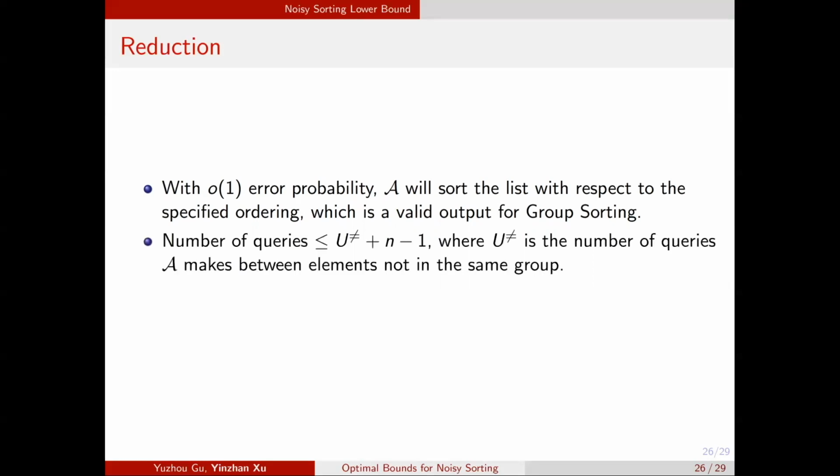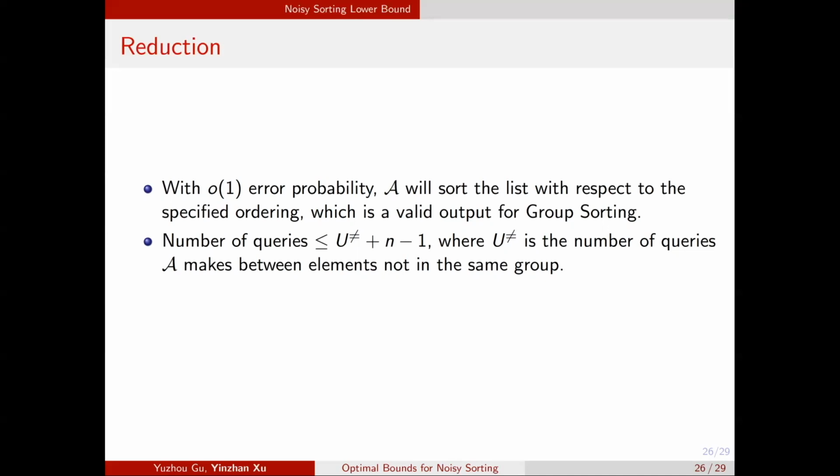Now we consider the number of queries we make to the group sorting problem. Every time A makes a query between two elements not in the same group, we will actually make a group sorting query, and we use U_not-equal to denote this number. A will also make some queries between elements in the same group.